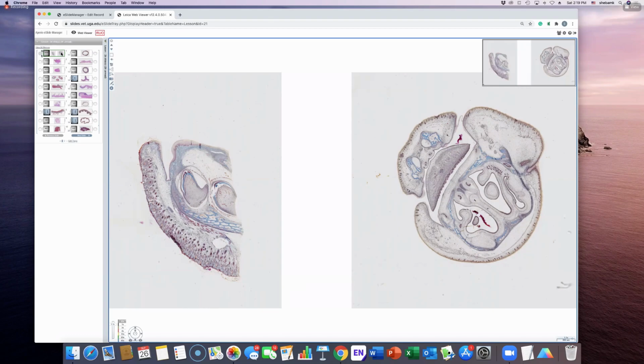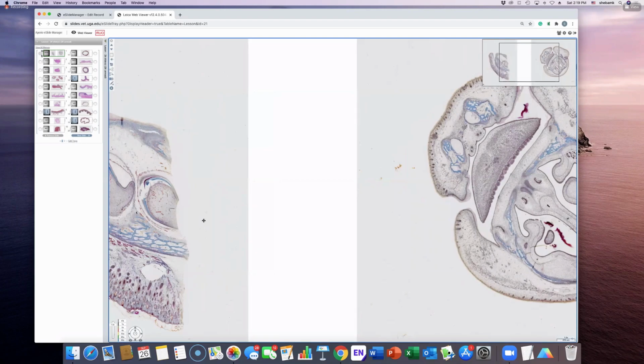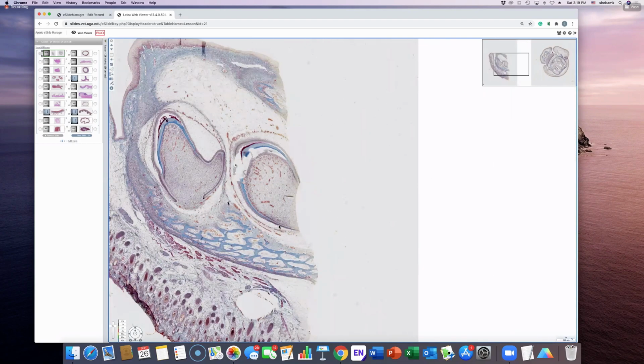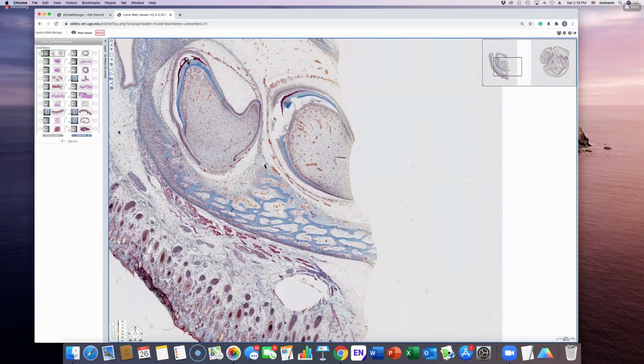So let's look at the oral cavity here, okay? So this is a fetus, so this still has, what are these blue things? Mesenchymal connective tissue. This is mesenchymal connective tissue, okay?